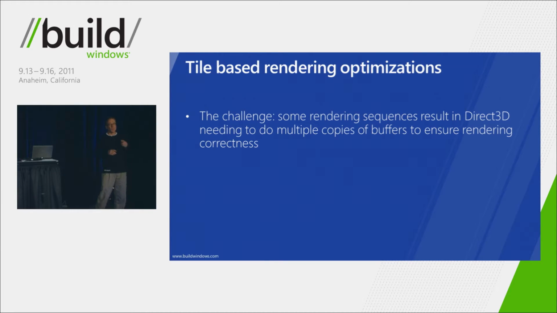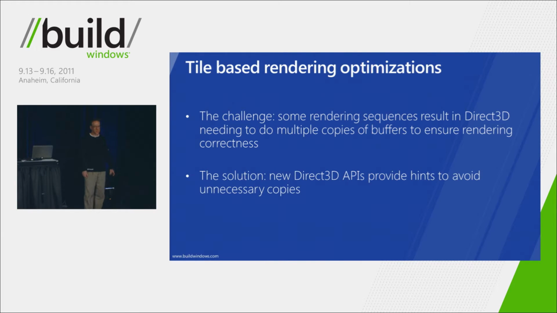So what that also means is that in the operating system, to make sure the data is correct, we may have to make copies of the data to ensure that the rendering, when it's duplicated, actually does the right thing.